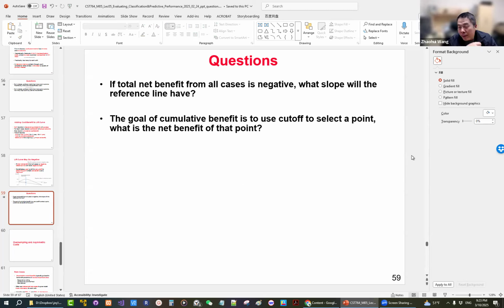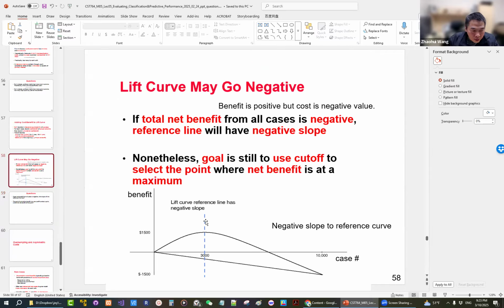That is the maximum value of the net benefit at that point. At this point, we have the maximum value for the benefit. So this is the cutoff value for classification to be 1. We predict to be 1, so we predict to send out the offer.